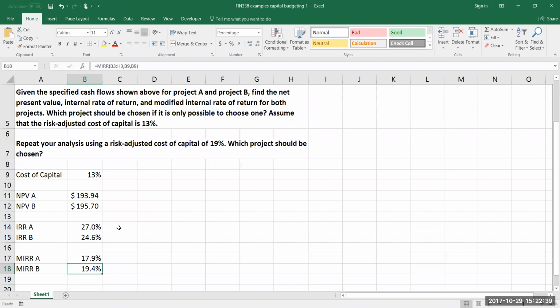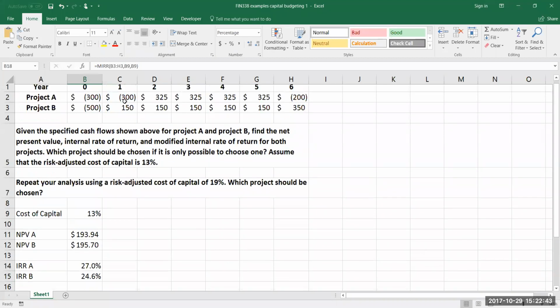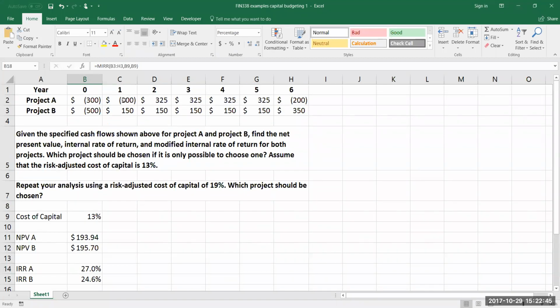The reason for that is that net present value assumes that when you get these cash flows every year, you take those cash flows and you reinvest them at the specified cost of capital. The internal rate of return implicitly assumes that when you get a cash flow at some point in the project's life, that you reinvest the cash flow in another project just like this one.